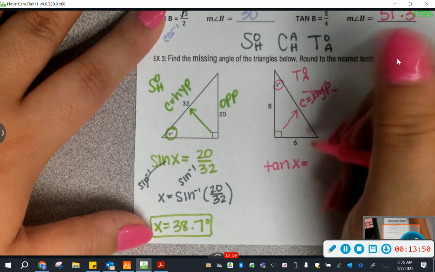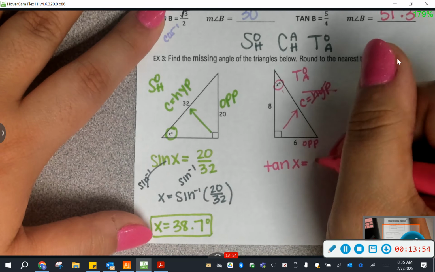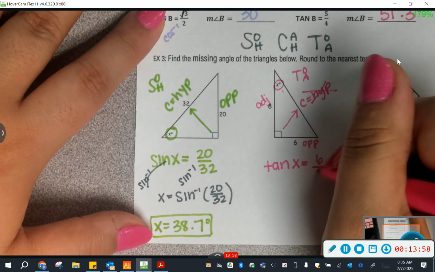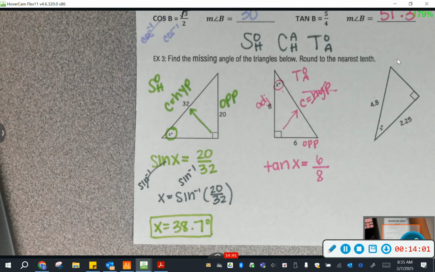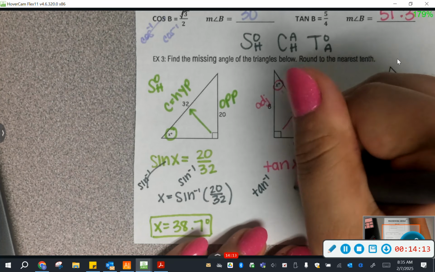6. My 6 is opposite because it's a cross. What's adjacent? 8. 8 is adjacent because it's next to. How do we get x by itself? Inverse.